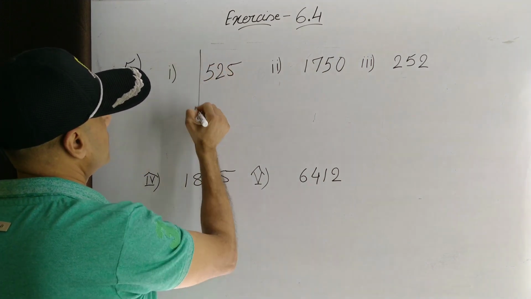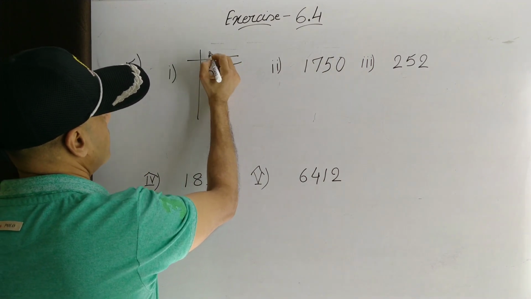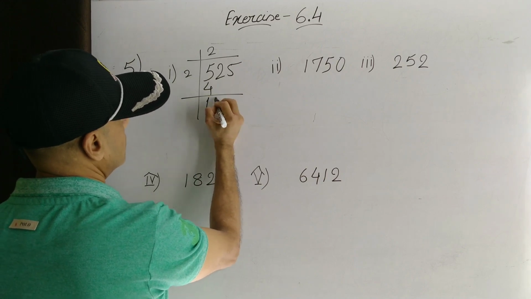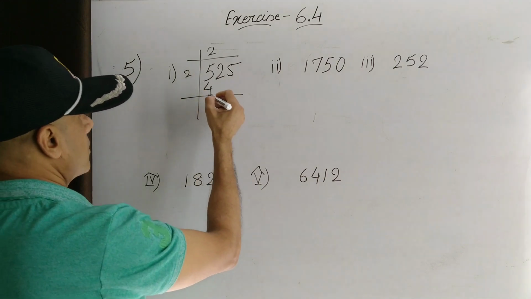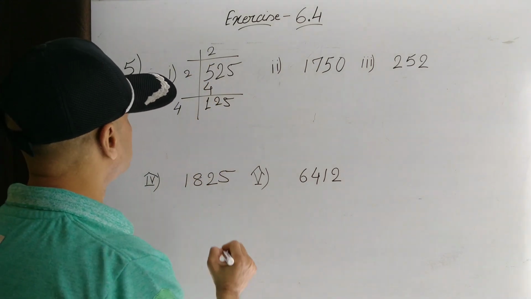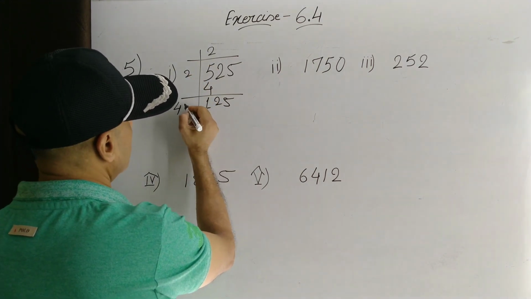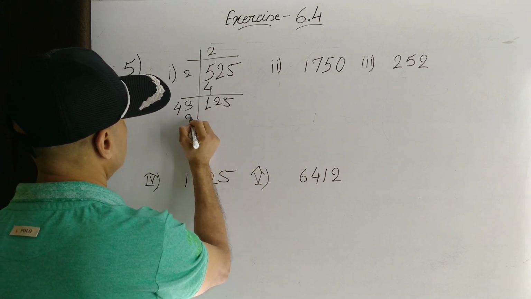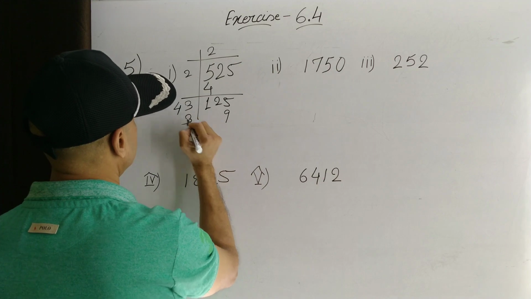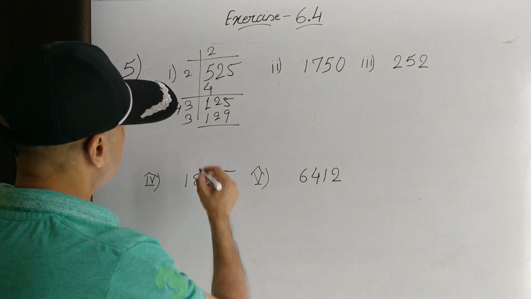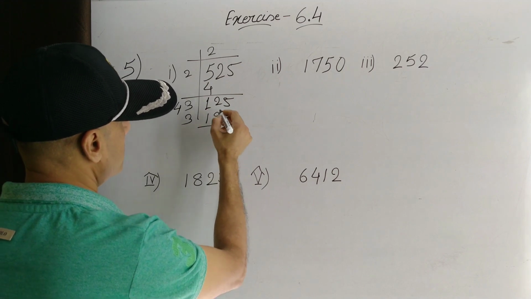So let's start. We have 5, so 2, 2, 4. Okay, 25 down, 125. So here we have 4. Now we can take 3 here, so we get 3 into 3, 9, 12. So 129 is the closest number to 125.